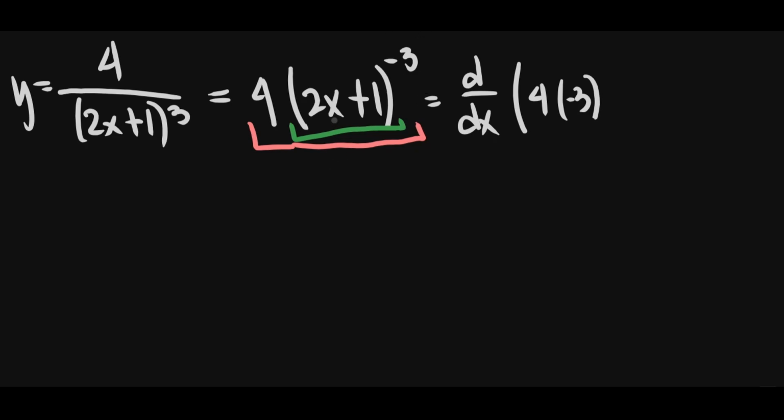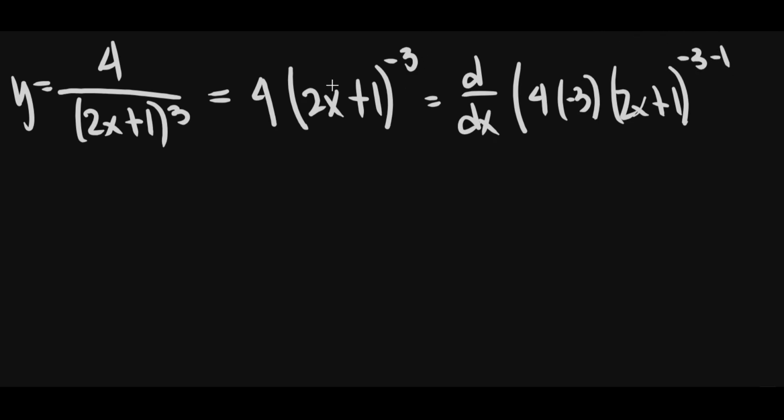So the inside is 2x plus 1. Let's first copy here, 2x plus 1 raised to negative 3 minus 1. The derivative of 2x plus 1 would be just 2.